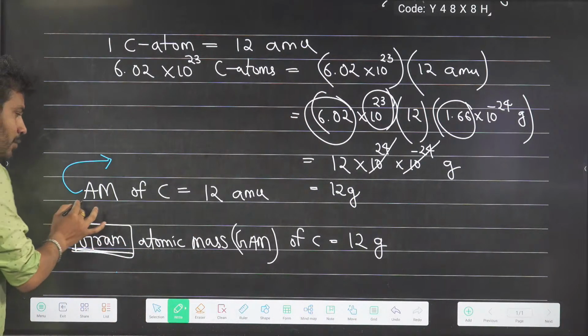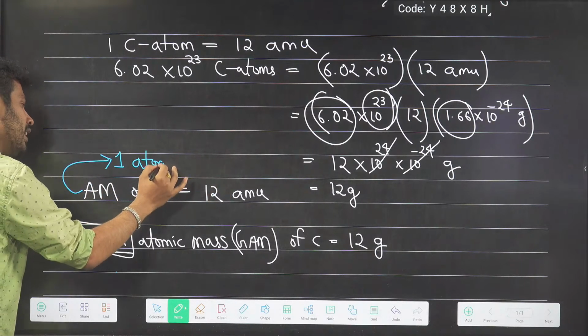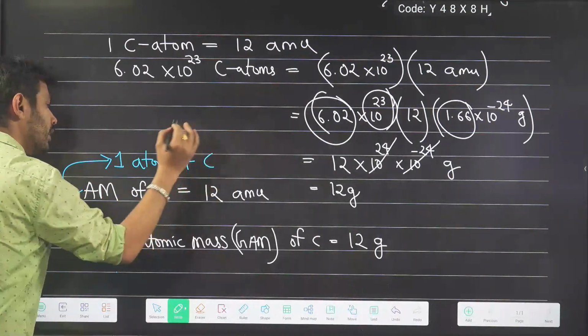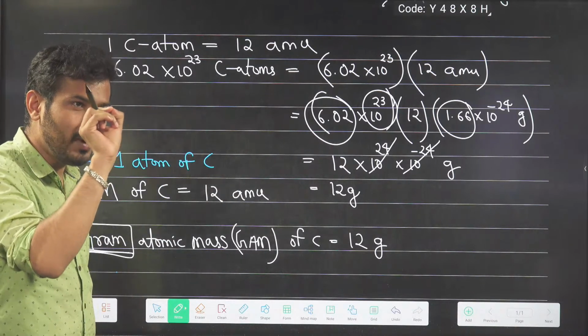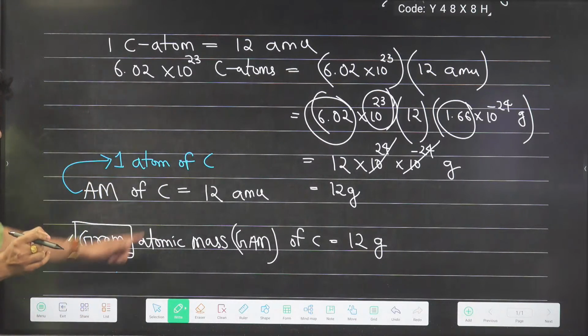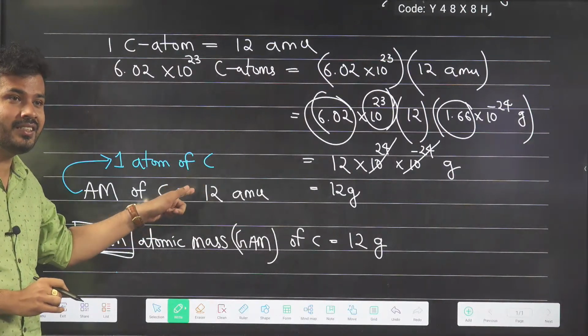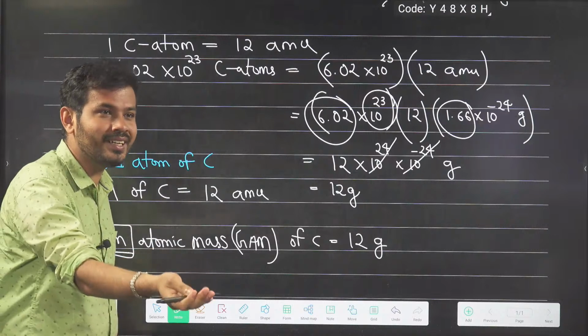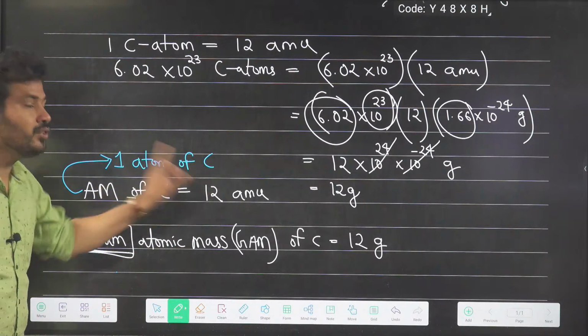Atomic mass of carbon 12 AMU contains 1 atom of carbon. 1 atom of carbon is a very tiny particle. You cannot measure the weight. It is very small mass, 12 AMU. It is not going to be 12 gram by any chance. 12 gram means you can measure it, right? Its weight you can measure. So one single atom is 12 AMU.